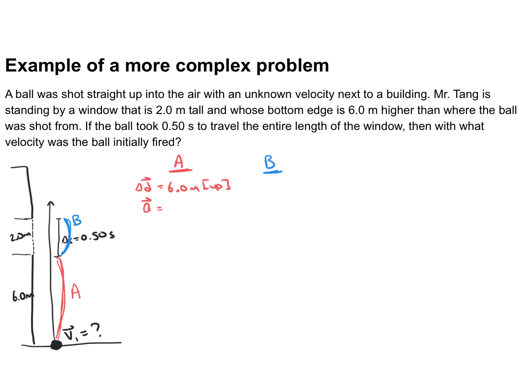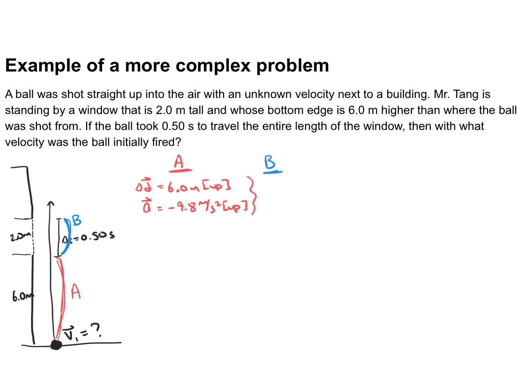And eventually it'll pull it all the way back down. But at the beginning, it just causes the ball to slow down at an acceleration of negative 9.8 meters per second squared up. Now I chose to write negative 9.8 up instead of positive 9.8 down, because I want not just my units, but my directions to be matching in all of the variables I list out.